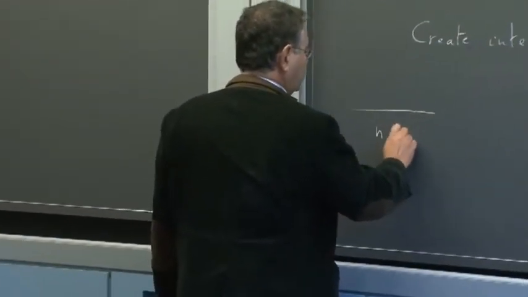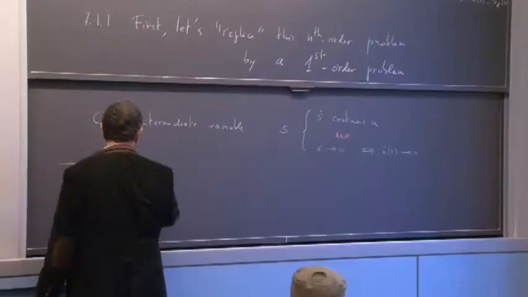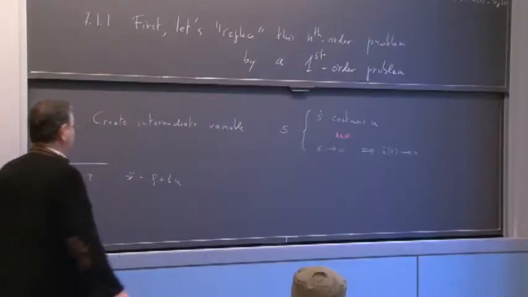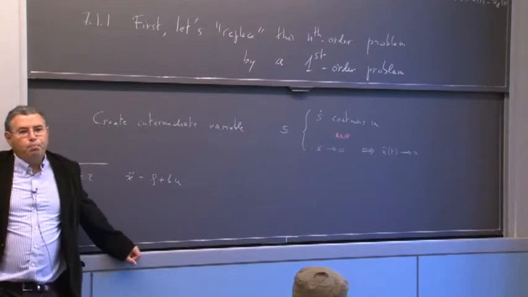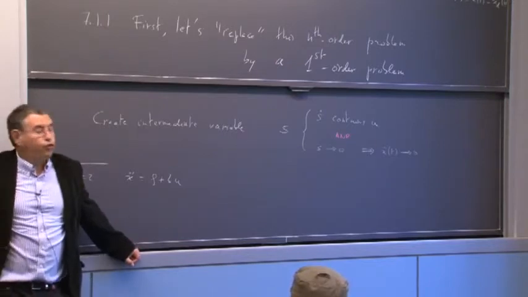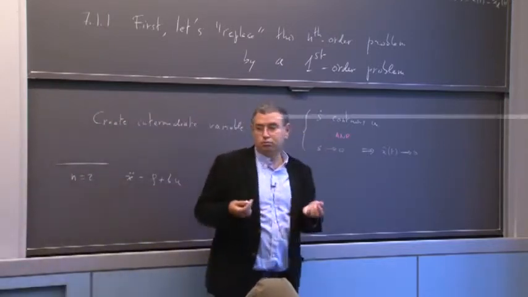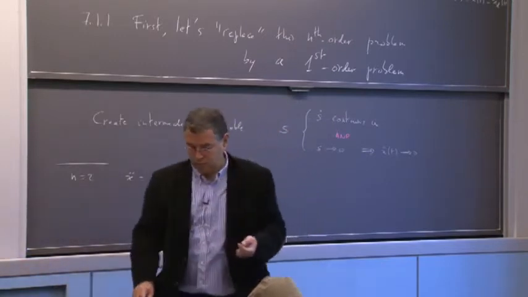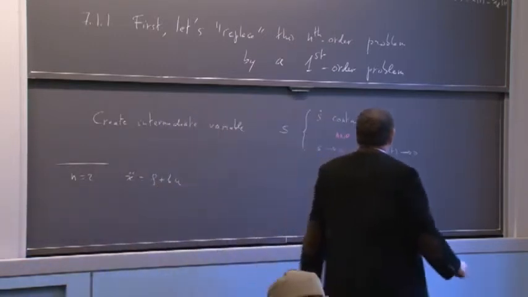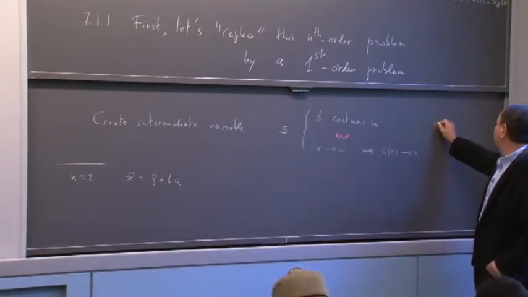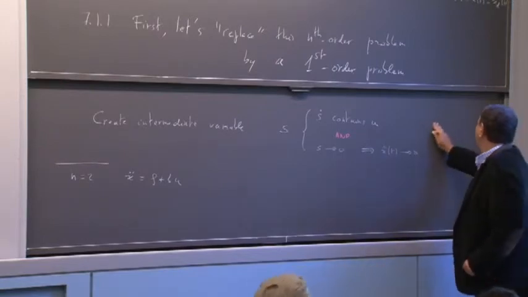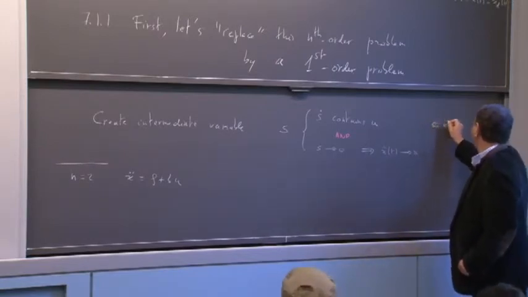Right? So let's think of it in the case n equal 2, right? So we have x double dot equal f plus bu, right? So what variable could we pick to satisfy the first condition? Well, we could pick s equal x dot, right?